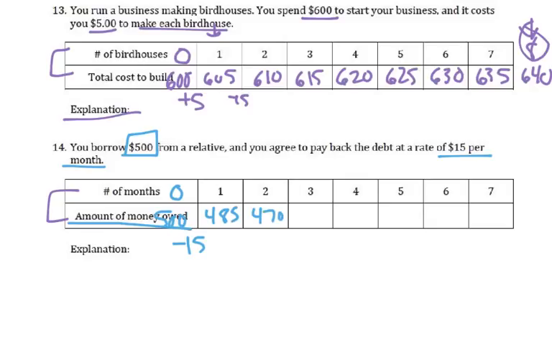Then 470, minus 15, 455, 440, 425, 410, 395. I think I did my math right, did it in my head. So hopefully I didn't make any mistakes. Yeah, I think that was pretty good.